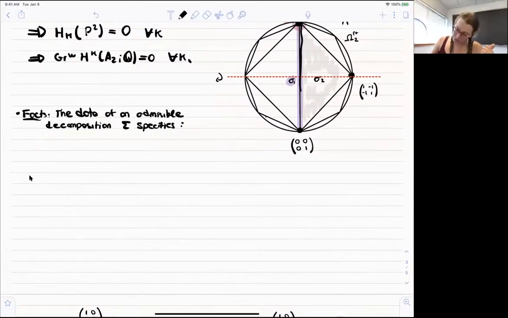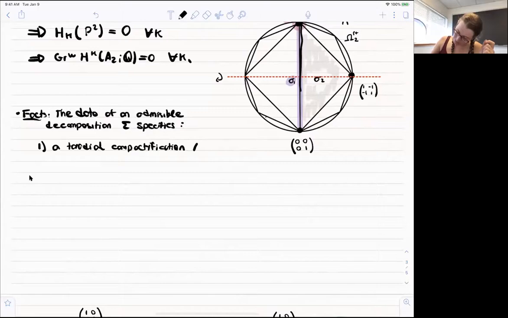So first, as was already hinted, it specifies a toroidal compactification of AG, which I'm going to denote AG bar upper sigma. And this is originally work of Ash, Mumford, Rappaport, and Tai, and then later Faltings and Chai, in a more general setting of stacks.